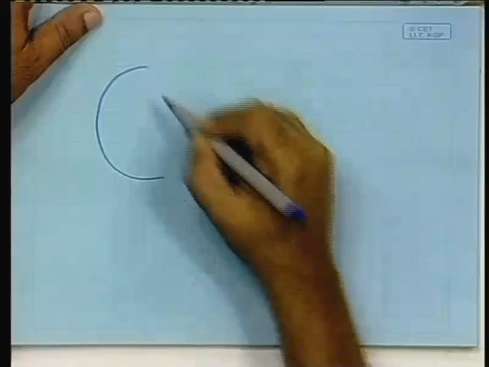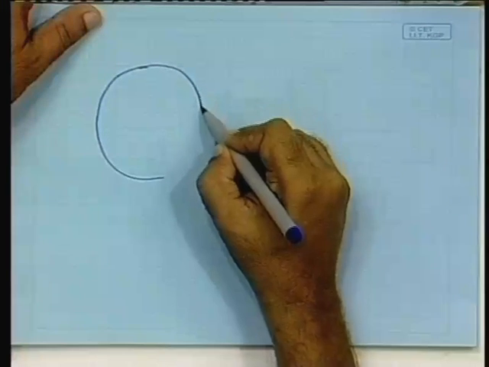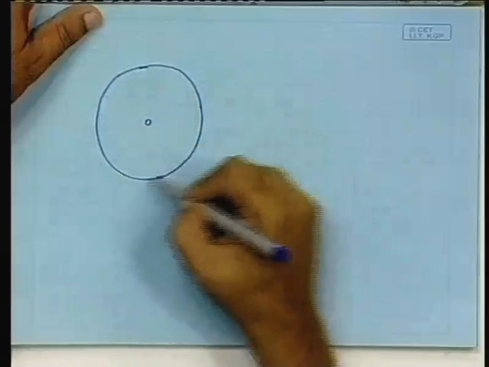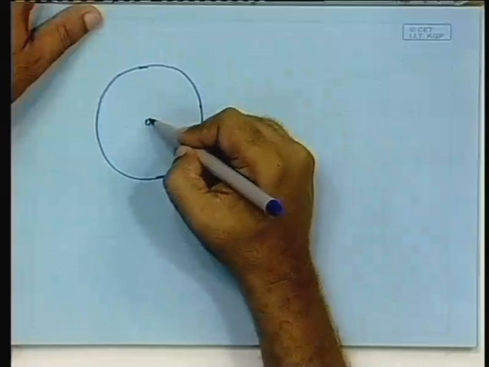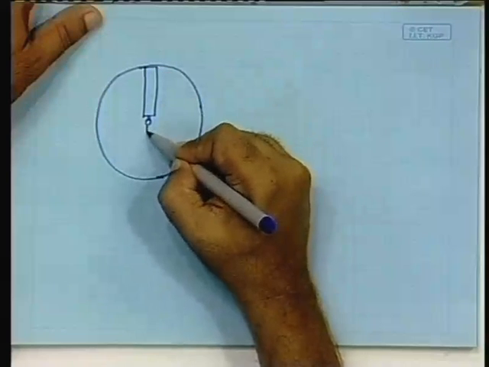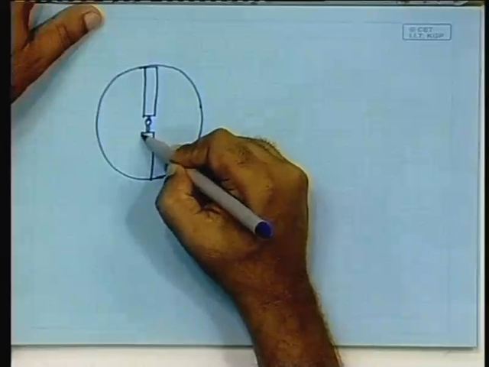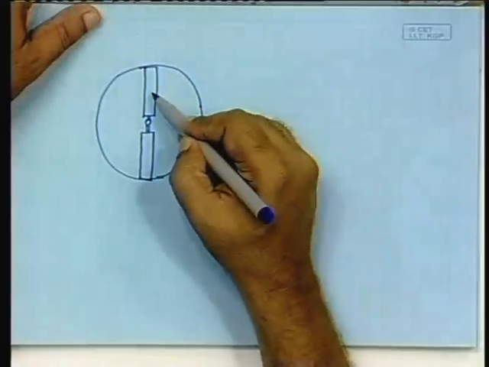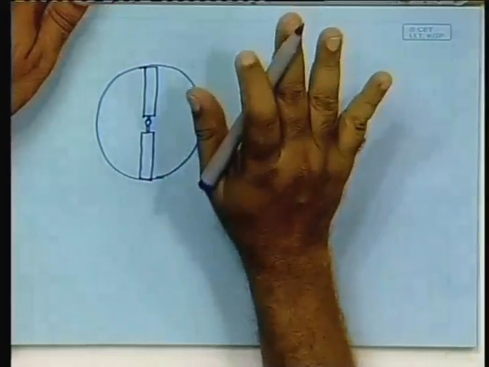Solidity is the rotor area. Suppose this is the area swept by the rotor, and suppose these are the actual blades, then a part of the swept area is shadowed by the blade, right.